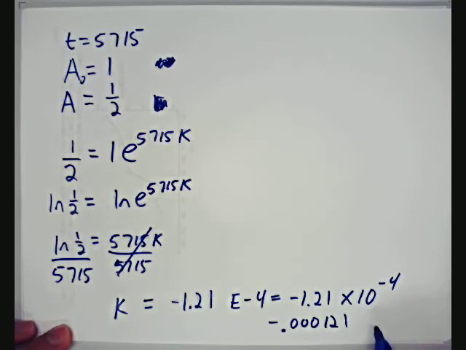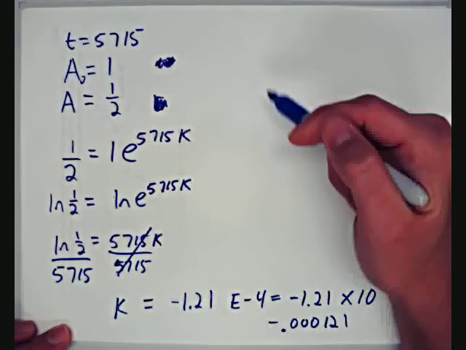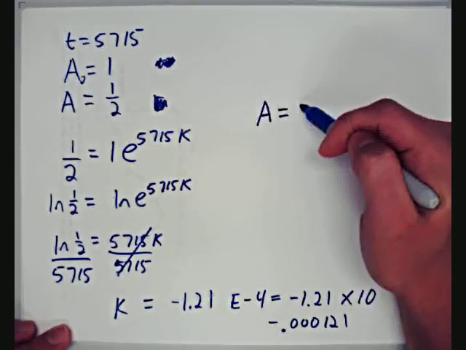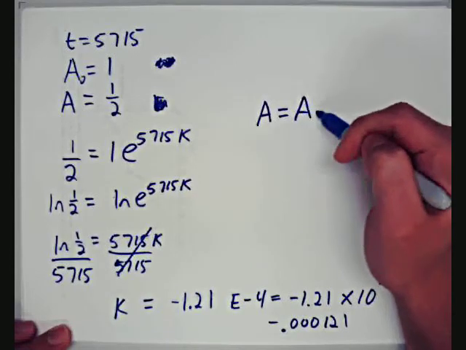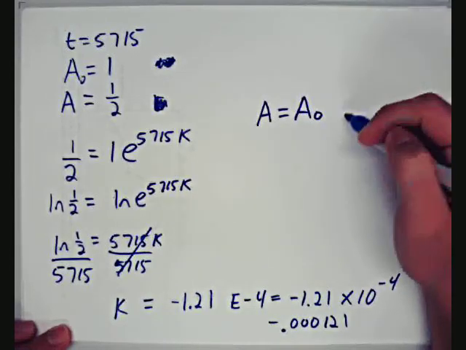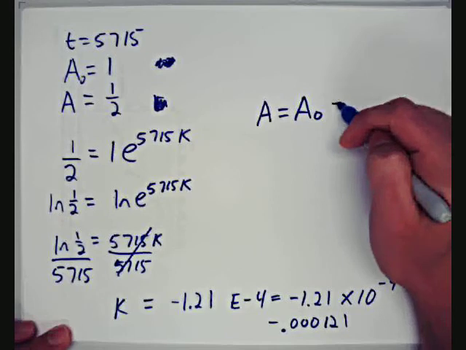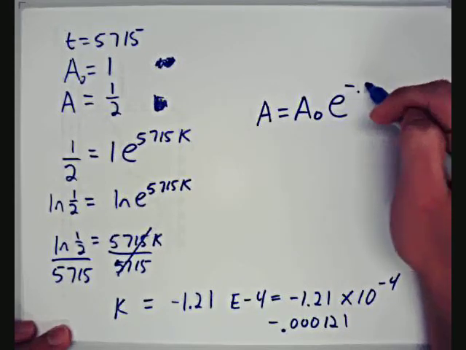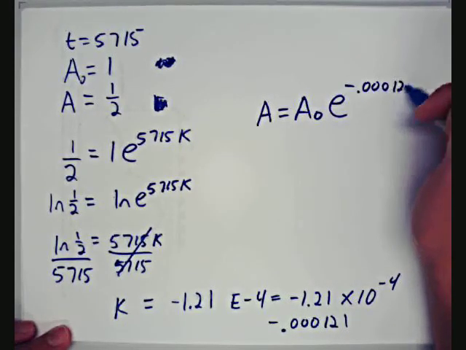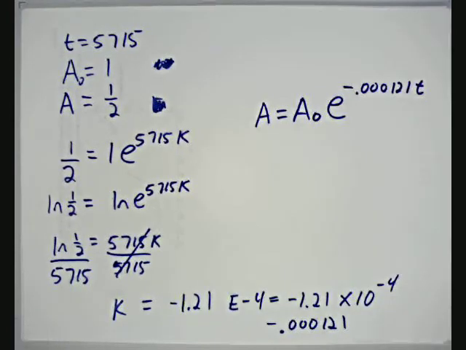The calculator uses scientific notation to show you more of the decimal number, cutting off the beginning zeros of your number. So our exponential decay function is A equals, we don't have a starting amount, that's irrelevant for a half-life problem, so A0 e to the negative 0.000121 t power.